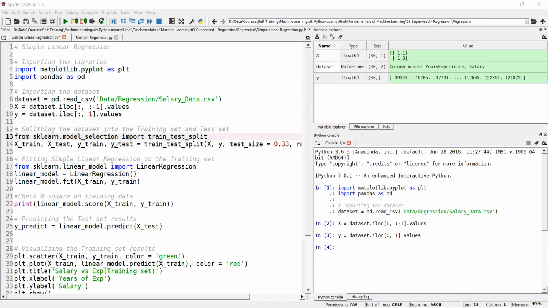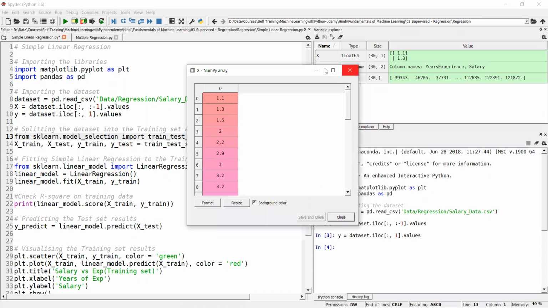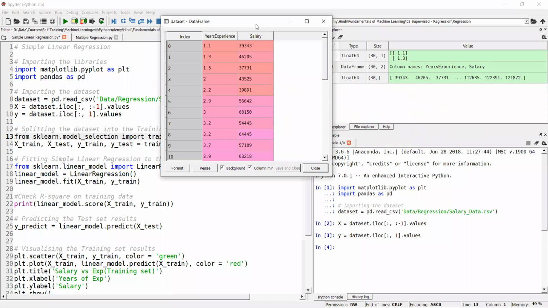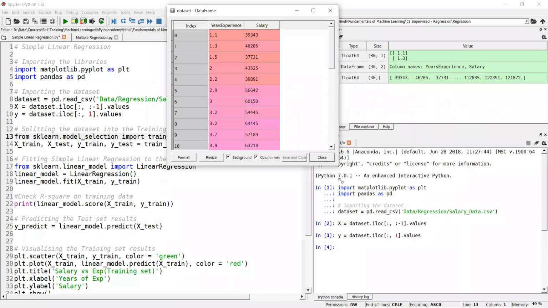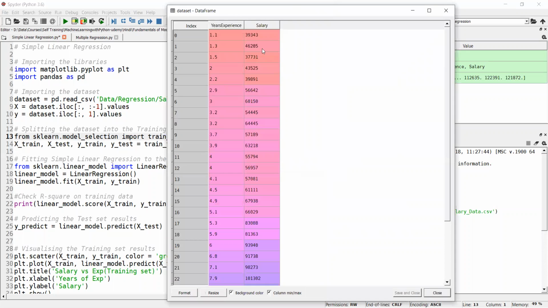So, Rishiji, can you elaborate this thing again? This X-train, X-test. Okay. See what happened. You are having this data set, the data frame which I am showing.